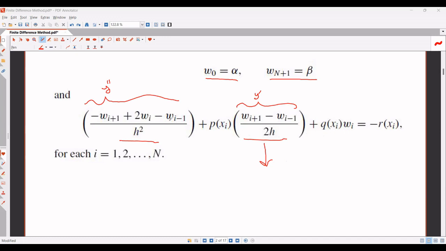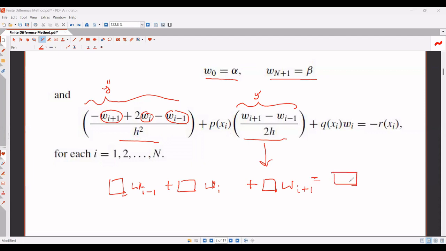So for each equation we have 3 variables: w_{i-1}, w_i, and w_{i+1}. After simplification, we would get something like this: some coefficient times w_{i-1} plus some coefficient times w_i plus some other coefficient times w_{i+1} equals some number.